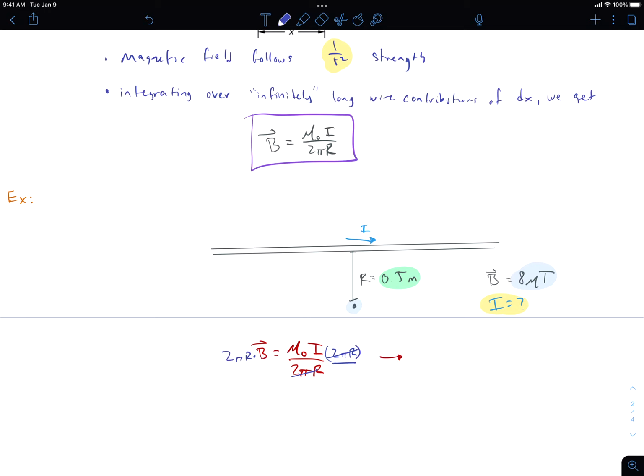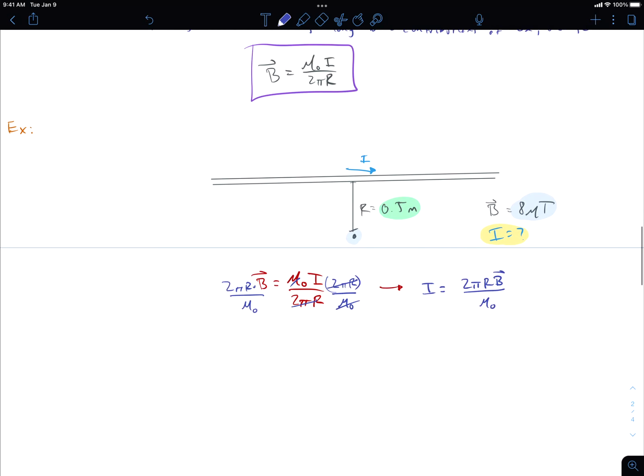And if I divide both sides by mu naught, then I'll cancel out mu naught on the right hand side. So what I'll end up with is I is equal to 2 pi r times magnetic field over mu naught. Remember that mu naught, my permeability of free space, is 4 pi times 10 to the minus 7.